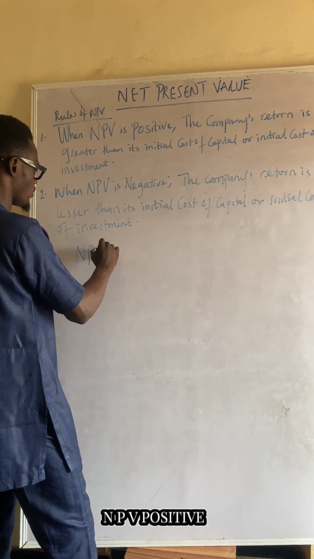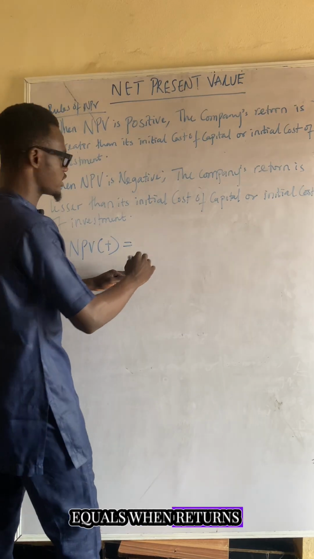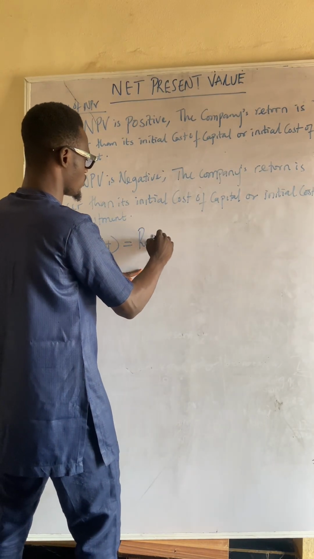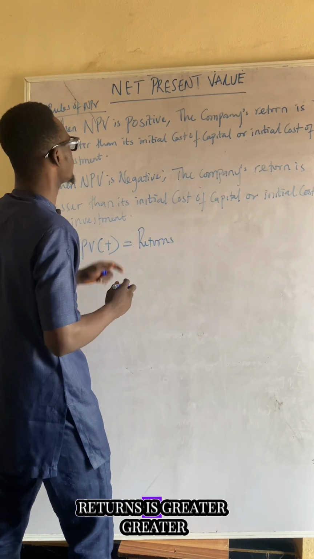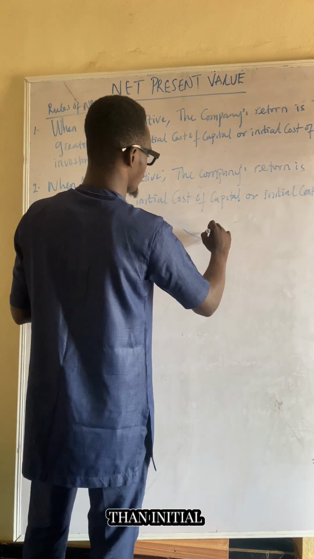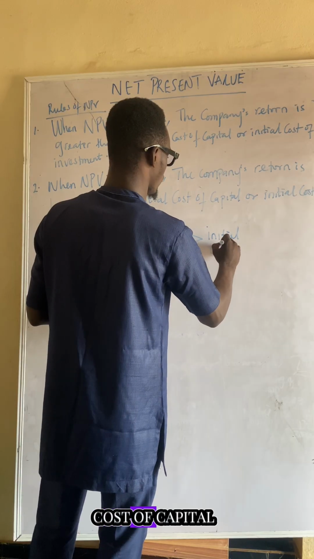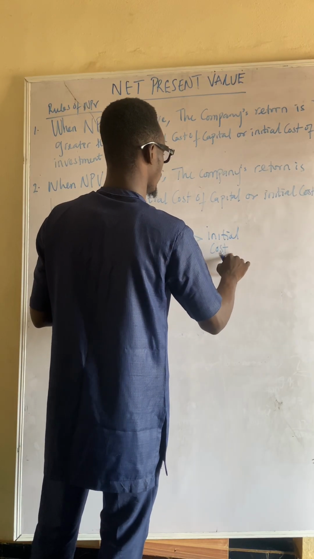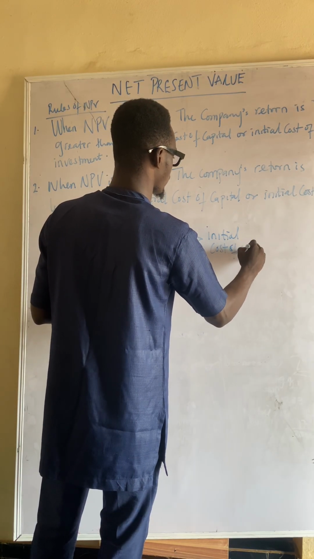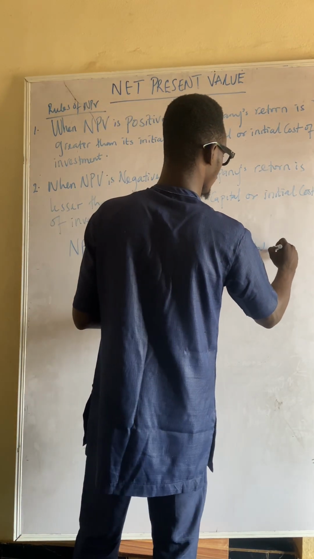So in simple terms, you can say NPV is positive when returns are greater than the initial cost of capital or investment.